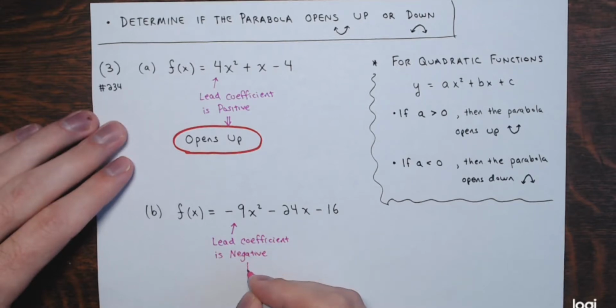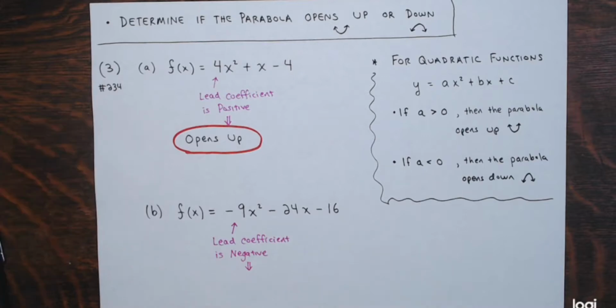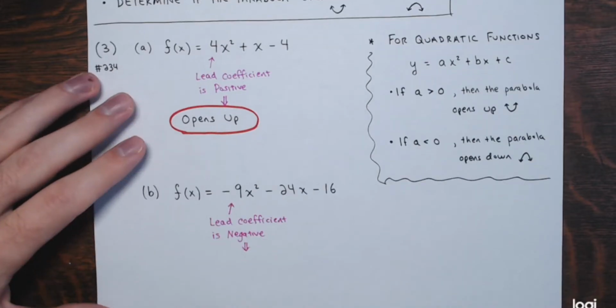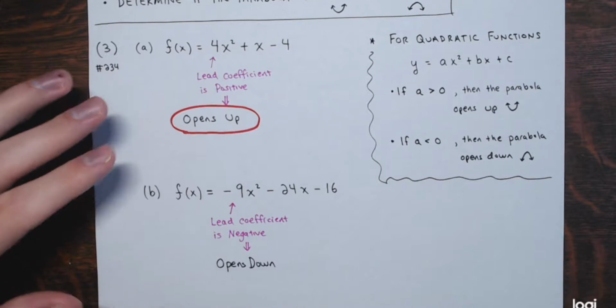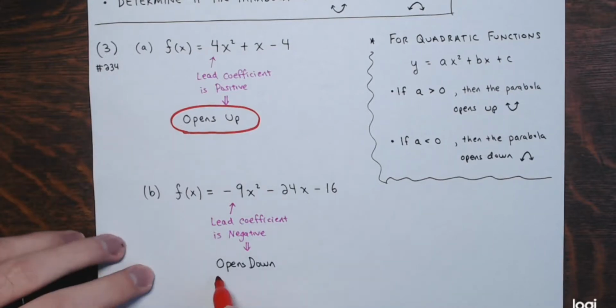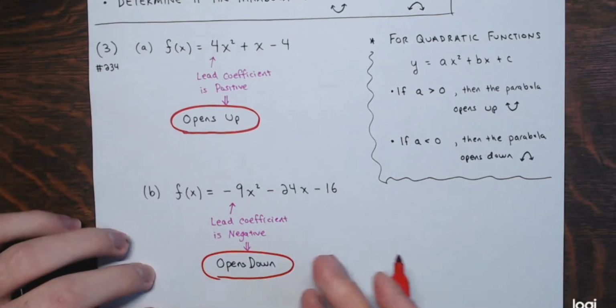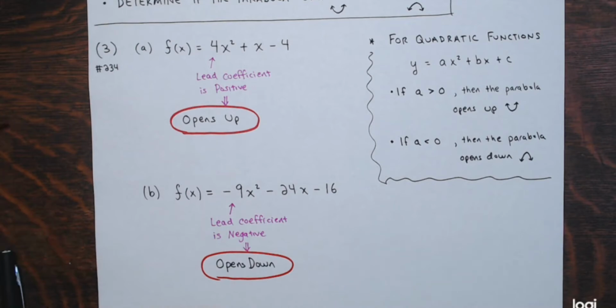So that tells me, not believe, but actually know, that this parabola will open down. It opens down, a frowny face, a cup pouring water out, a cup turned over. And that's all.